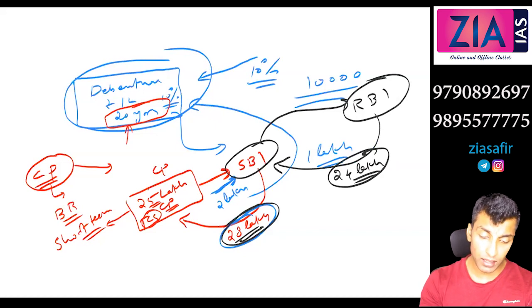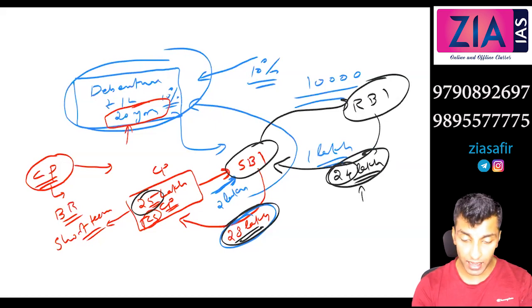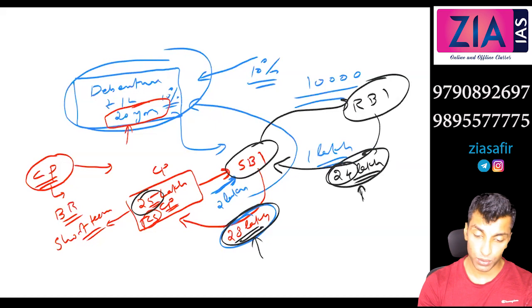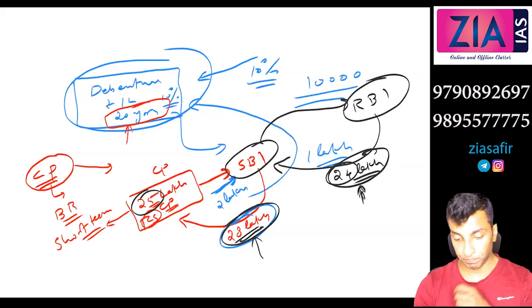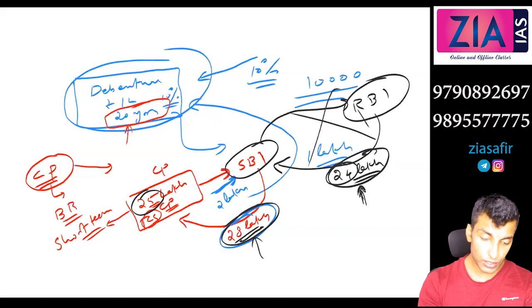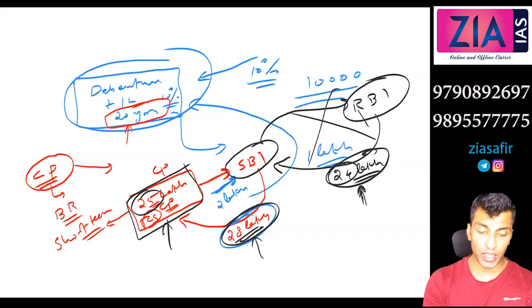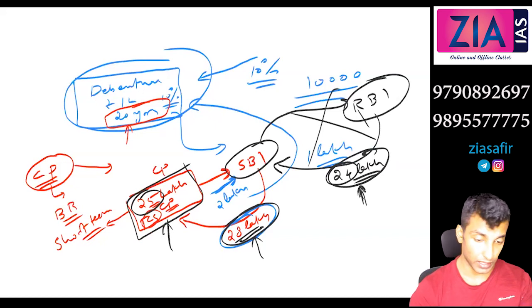Because this is 25 lakh, RBI will give around 24 lakh based on the bank rate. I hope this is clear. This part we have already discussed. So this is commercial paper. The same thing is commercial bill, but here we are talking about high net worth companies. Commercial bill is in the case of small companies.